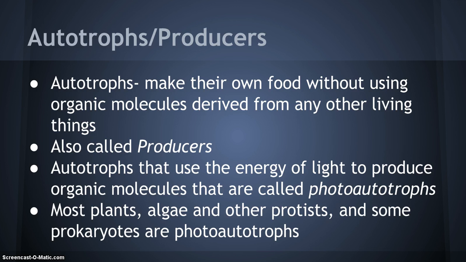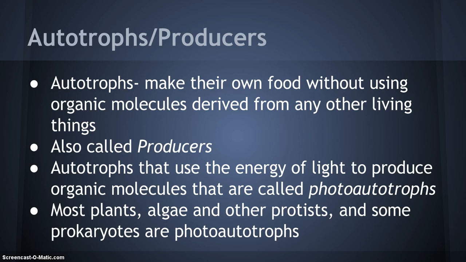These are also called producers because they're producing their own energy from the sun that eventually is going to be able to feed all consumers. So producers are at the base of the food chain, and they're using that energy from the sun.